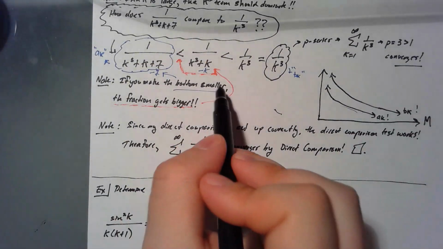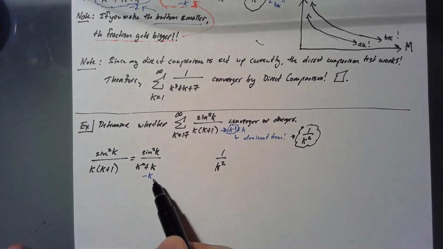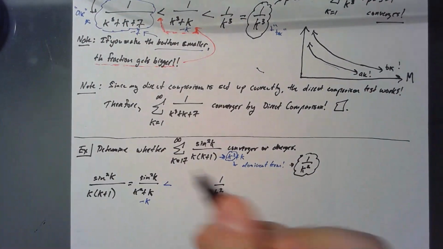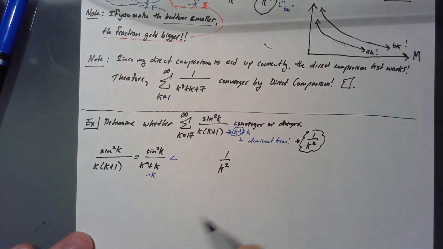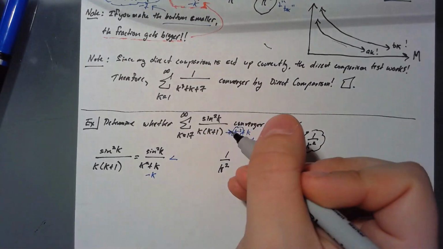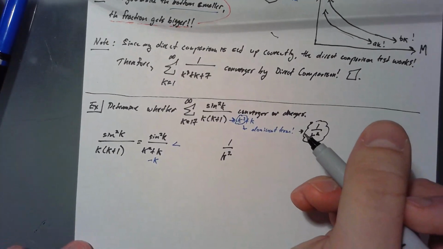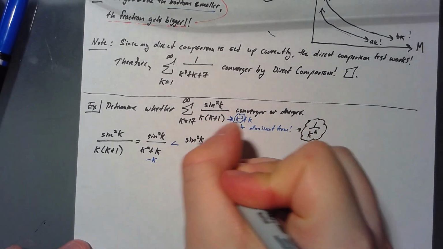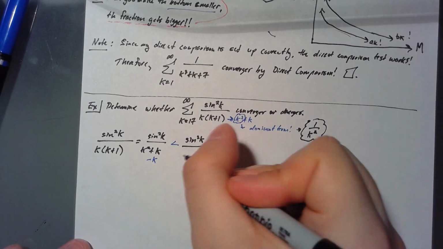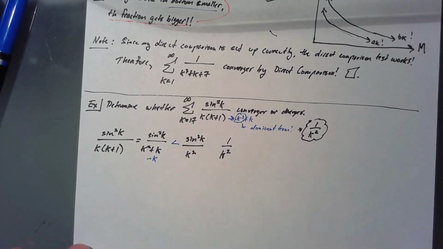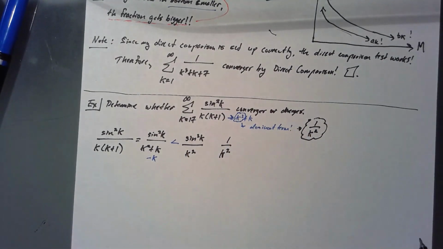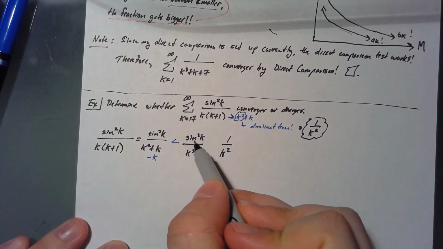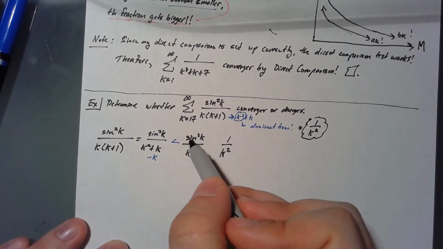If you make the bottom smaller, subtract something, the fraction becomes bigger. So when I subtract k, you end up getting sine squared k over k squared. Now, I don't really need the sine squared of k here. I could kind of get rid of that.